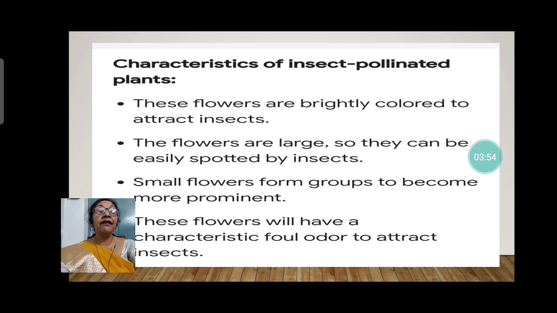The flowers have a characteristic odor, a good fragrance or a foul odor, to attract the insects. Most importantly, such flowers show the presence of nectar, so that different types of insects visit the flower to collect the nectar.